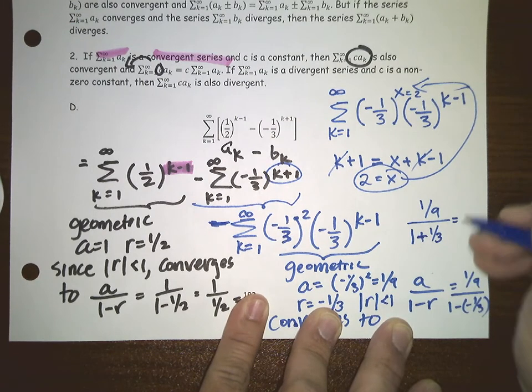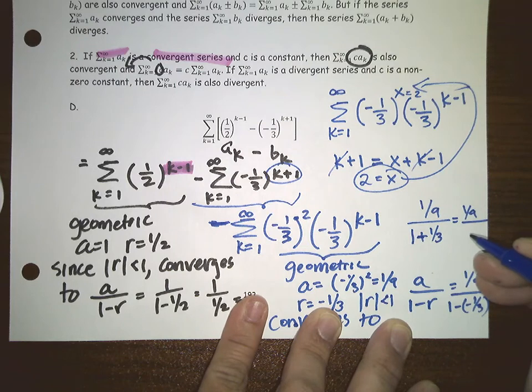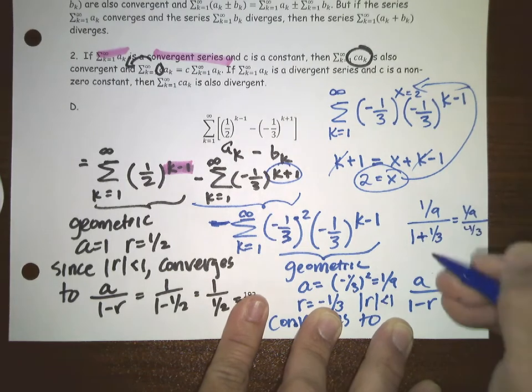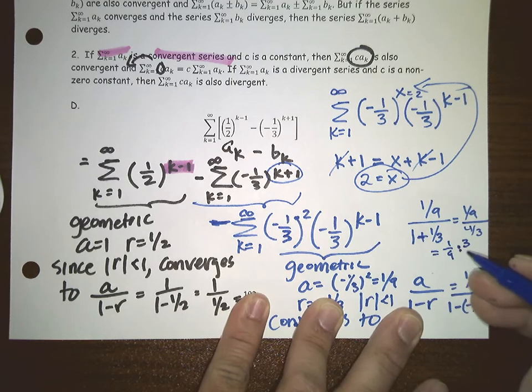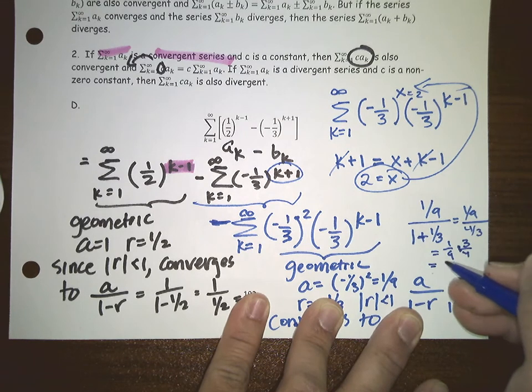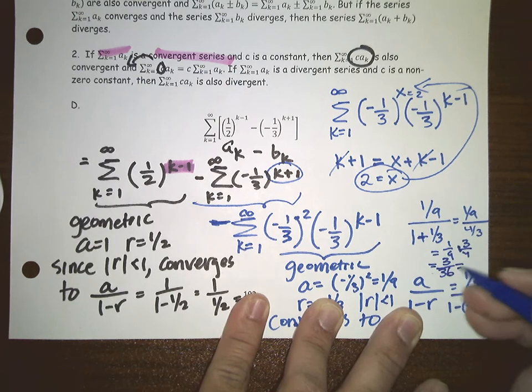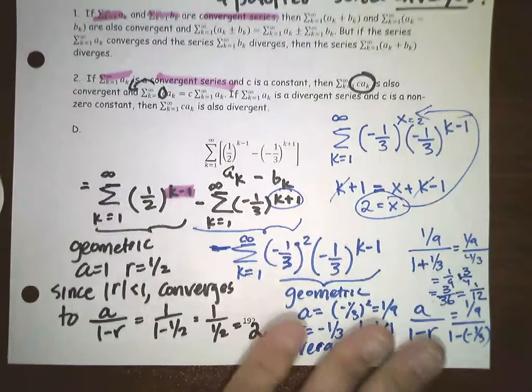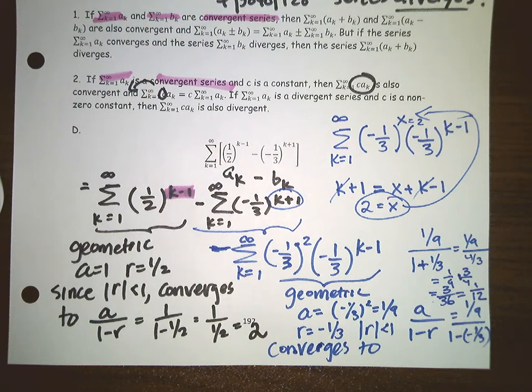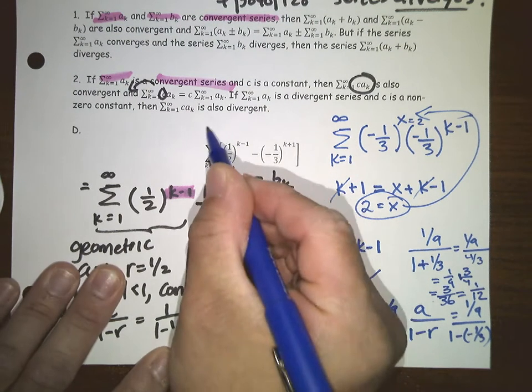I think I'm doing the mental math wrong. 1/9 over 4/3. So that would be 1/9 times 3/4. So that's 3/36, so 36, not 20 something. So 1/12. All right.